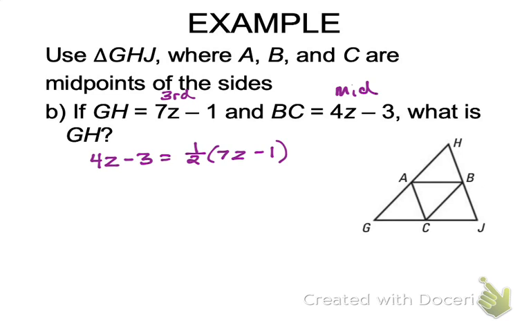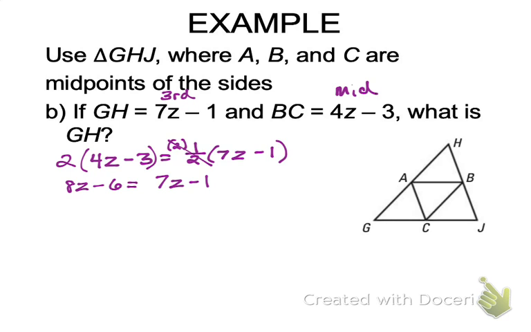Here it's not quite as nice to take half of 7 and 1 because they're odd. So let's multiply by 2, which is going to cancel that out. But then when you multiply by 2 over here, you have to make sure you double everything. Don't just double the 4z. Make sure you double the negative 3 also. So that turns into 8z minus 6 is equal to 7z minus 1.